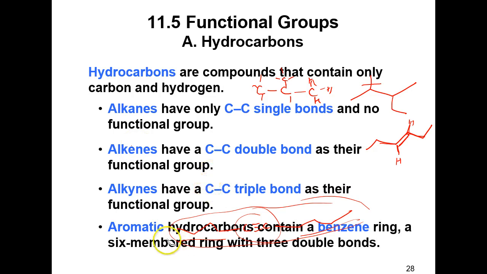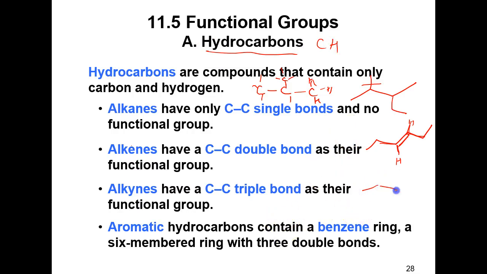Okay, and then you have aromatic. Aromatic is a special type of hydrocarbon. So all these are hydrocarbons, because they are just carbons and hydrogens, no other atoms. Aromatic is a benzene ring. This is a benzene ring. We talked about it when we talked about capsaicin, I believe. That's an aromatic ring. Well, what does this mean? Remember, every junction has a carbon. So carbon, carbon, carbon, carbon, carbon, carbon, each with its maximum number of hydrogens.